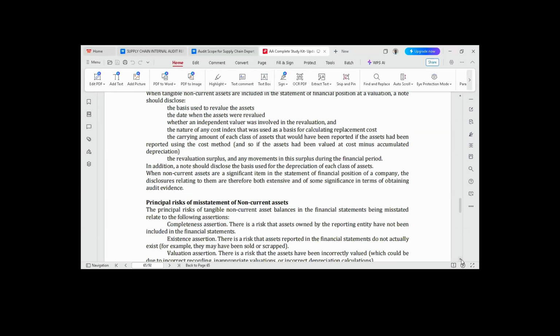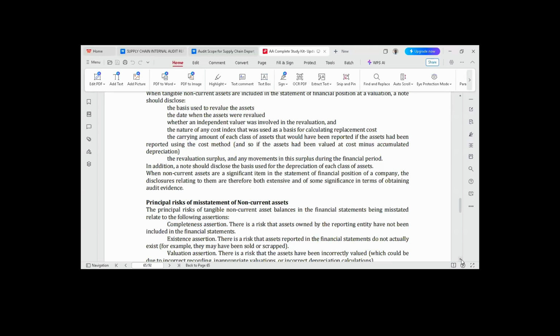Number one, there is a completeness assertion. That is, there is a risk that assets owned by the reporting entity have not been included in the financial statement, because they are trying to report that the company made a loss or barely breaks even. It is a strategy by some organizations.